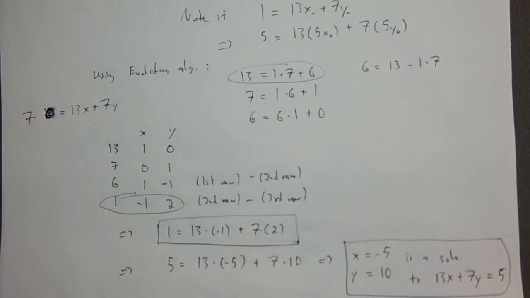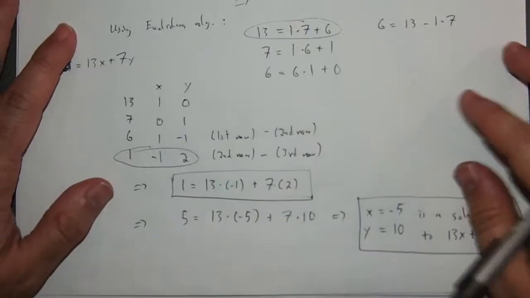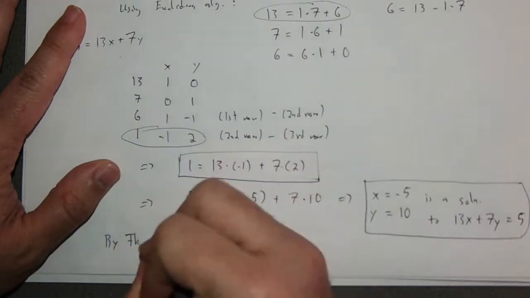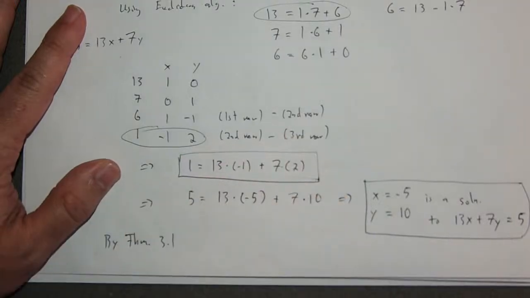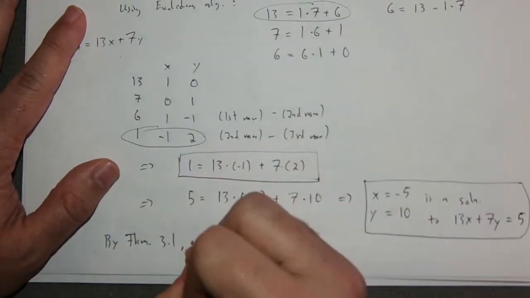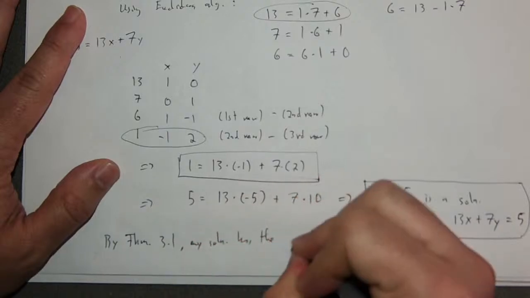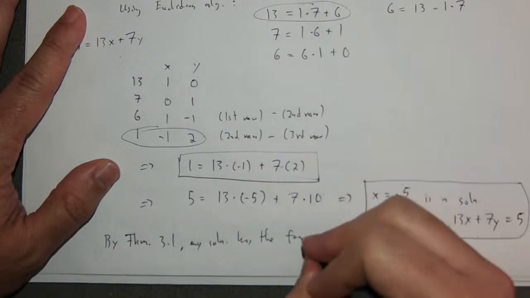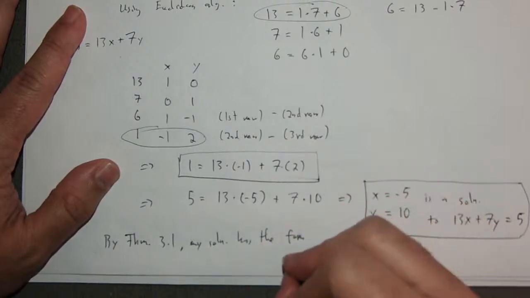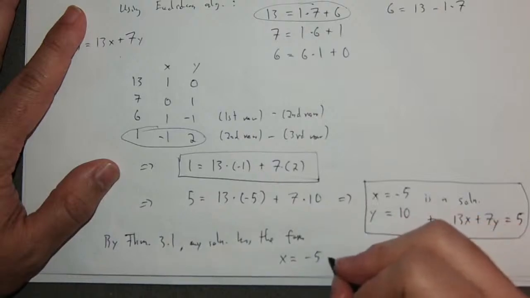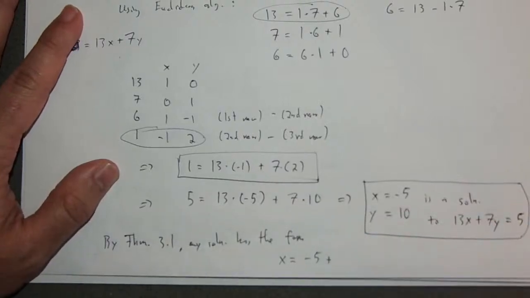Okay. So, by theorem 3.1, any solution has the form x equals minus 5 plus 7t.